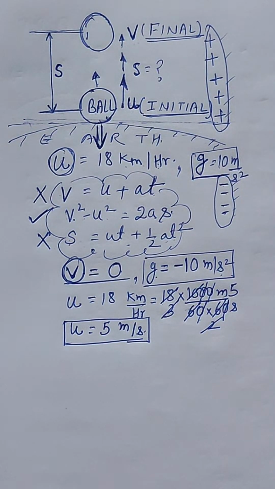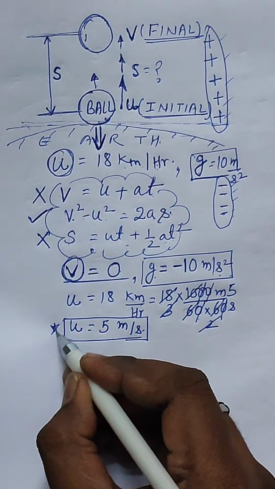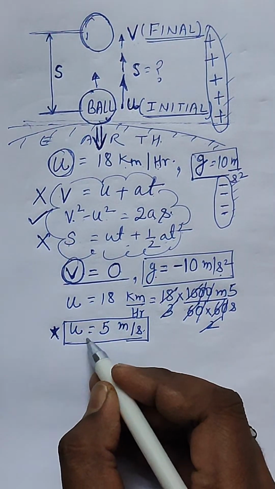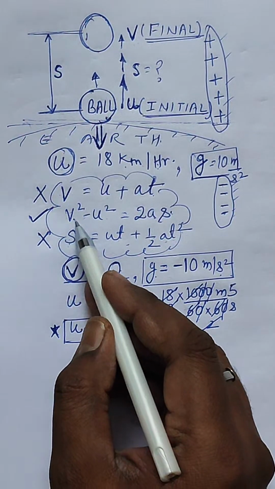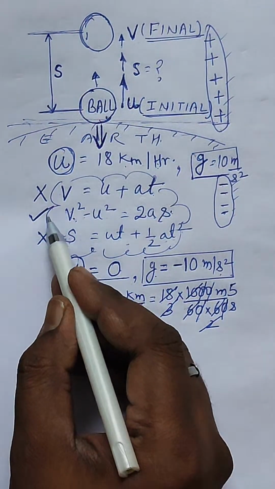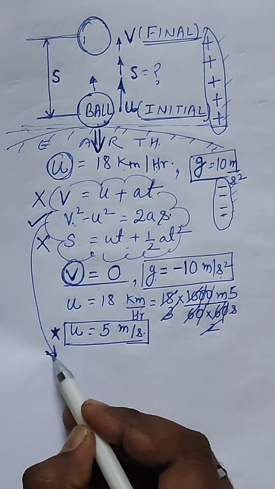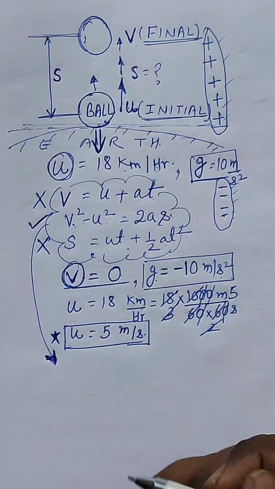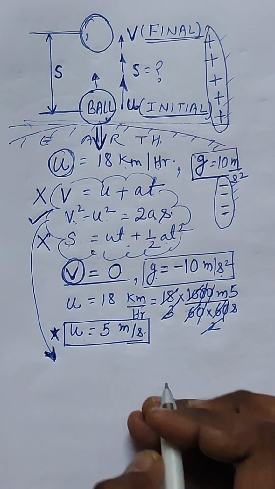Now my dear friends, here u is the initial velocity which is known to you. Now use the formula which we have selected, using the known values, right? The formula which we have selected is v square minus u square equal to 2as.